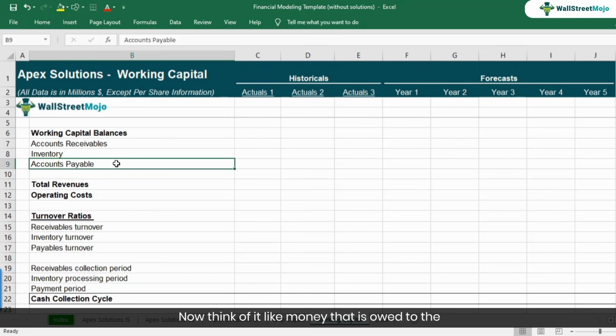Accounts receivable, now think of it like money that is owed to the company by the customers for the goods or services that they have received on credit. So if a client is purchasing on credit, then that amount will go as accounts receivable. All right, now the second thing which we have is the inventory.